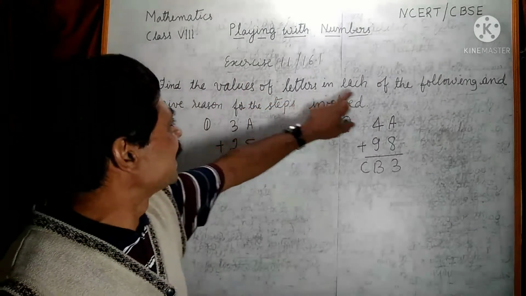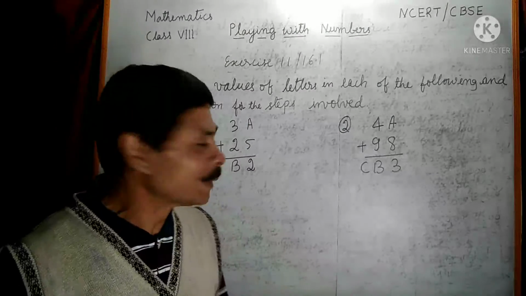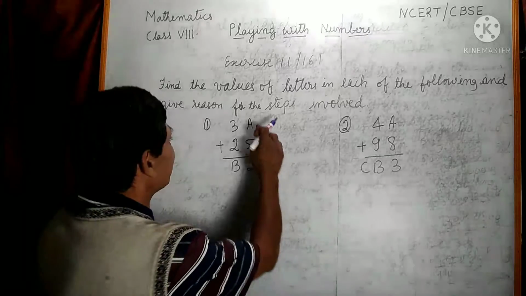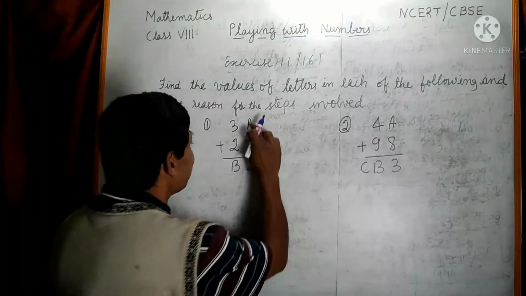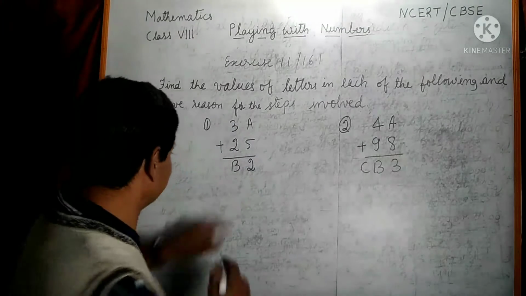Now, exercise number 1. Find the values of letters in each of the following and give reason for the steps involved. First, now let us look at the first column. A plus 5, it should be 12.